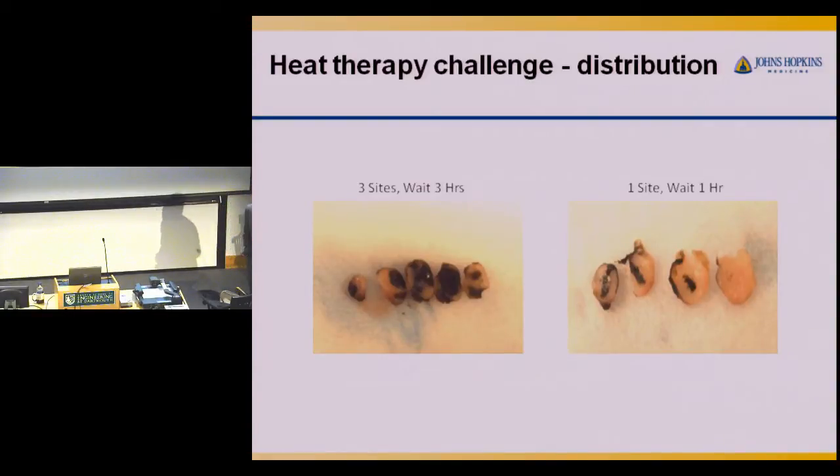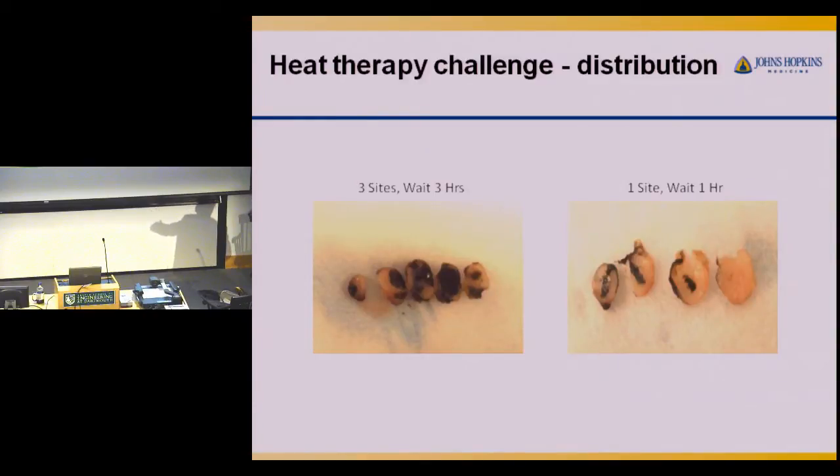There is another issue, and that is the distribution. As you know, I intend to talk about using magnetic nanoparticles for the heat-based delivery. What I'm showing you here is a very crude, very straightforward illustration of one of the issues. On the right-hand side are human prostate cancer tumors that were grown in mice.